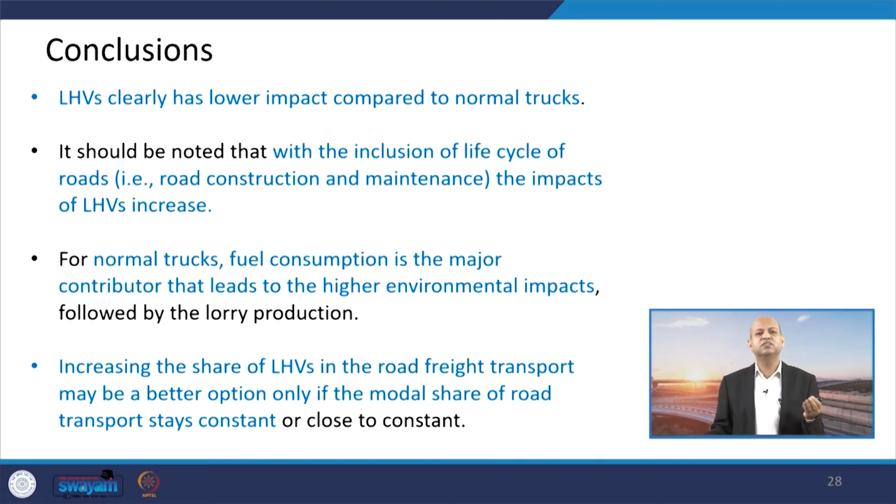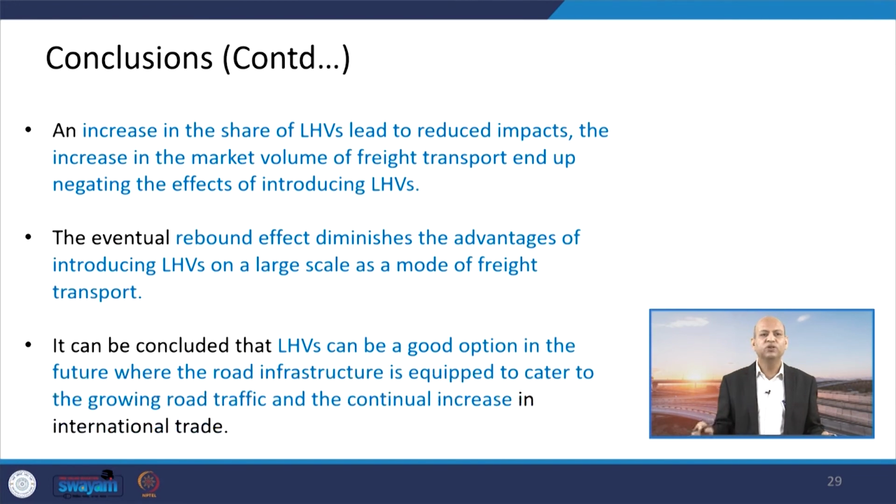And increasing the share of these longer and heavier vehicles in road freight transport may be a better option only if the modal share of road transport stays constant or close to constant. We also conclude that an increase in the share of these LHVs leads to reduced impacts. The increase in the market volume of freight transport ends up negating the effects of introducing LHVs.